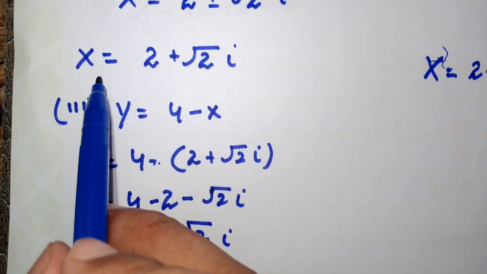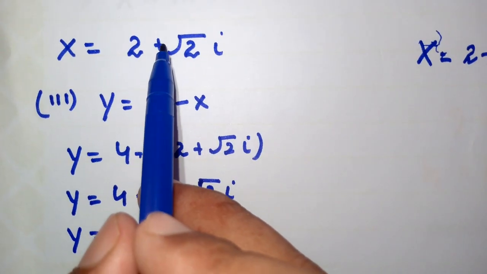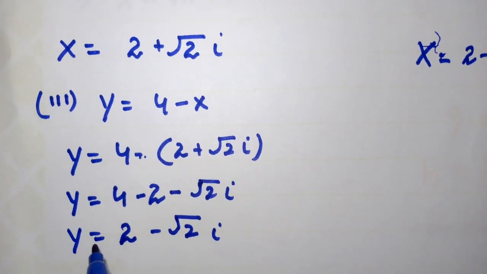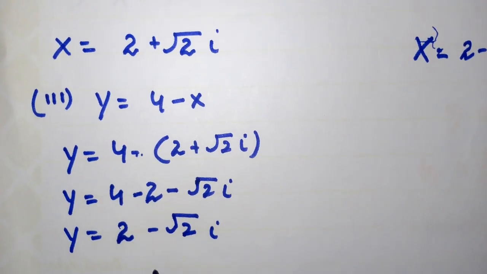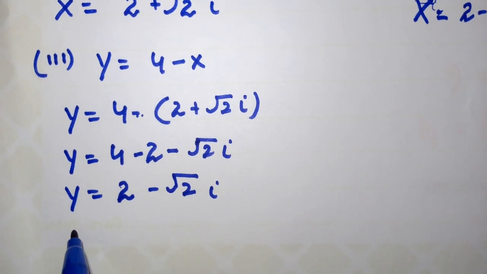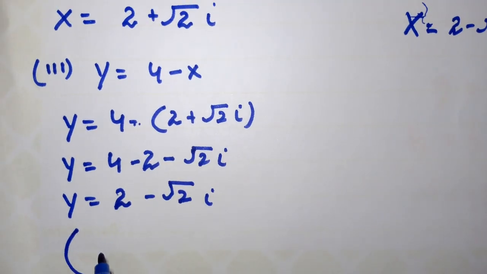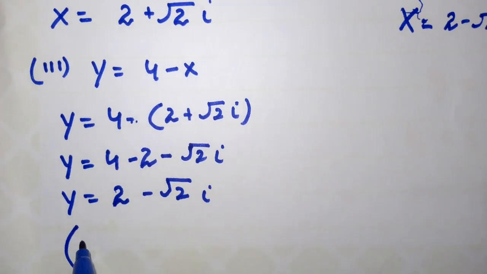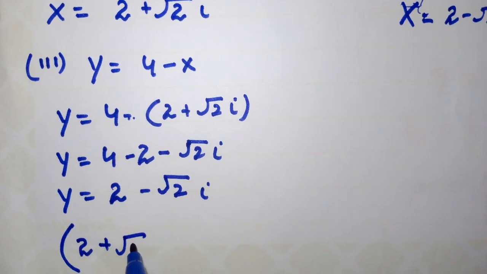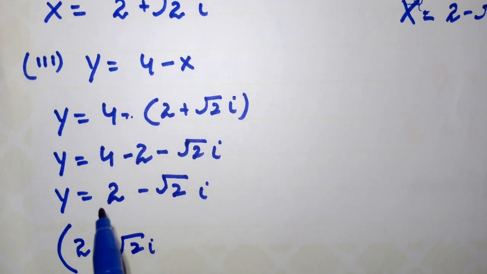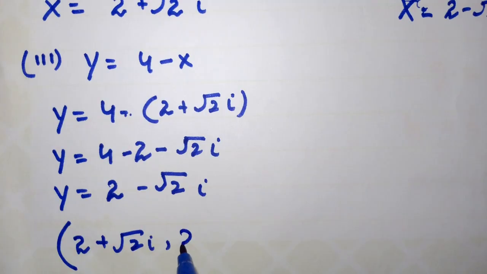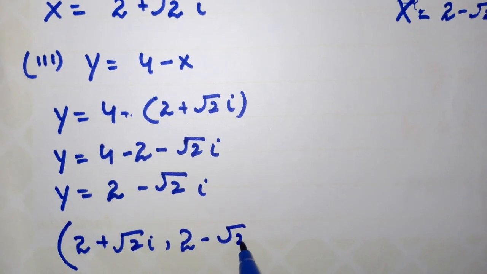So the value of x is 2 plus square root of 2i, and the value of y is 2 minus square root of 2i. So our final answer here is x is equal to 2 plus square root of 2i, and y is equal to 2 minus square root of 2i.